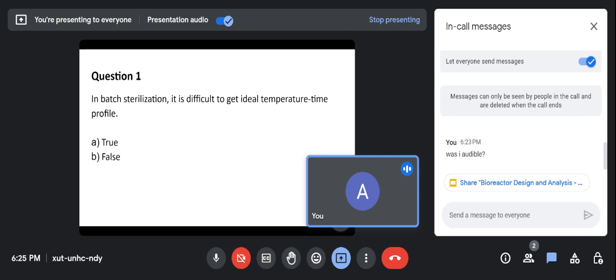Alright. The answer is in fact true. It is difficult to get an ideal temperature profile when you do batch sterilization versus when you do a continuous sterilization.